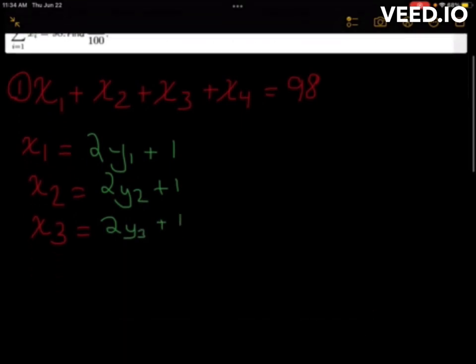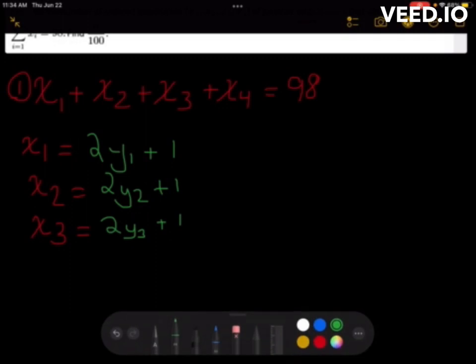And in the same way, x4 is equal to 2 times another odd number, y4, plus 1.